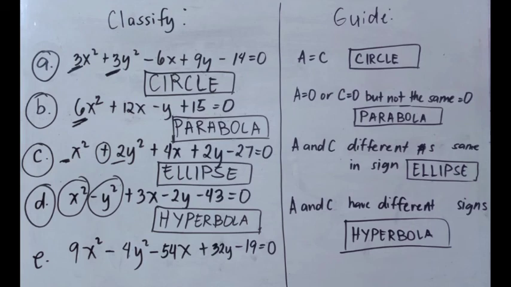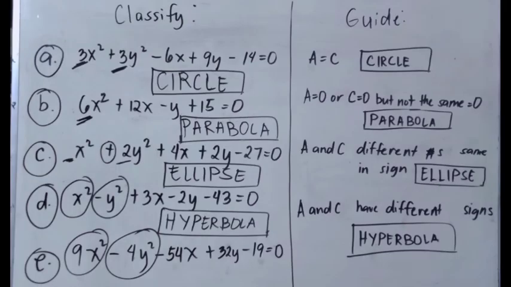Lastly, we have example letter E, 9x squared minus 4y squared minus 54x plus 32y minus 19 is equal to 0. We notice here that, again, their signs are not the same because we have positive 9x squared and negative 4y squared.